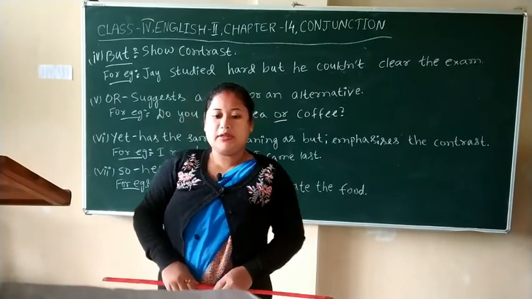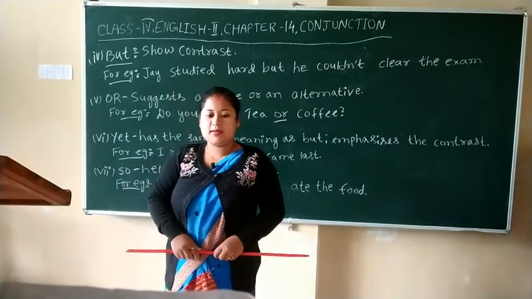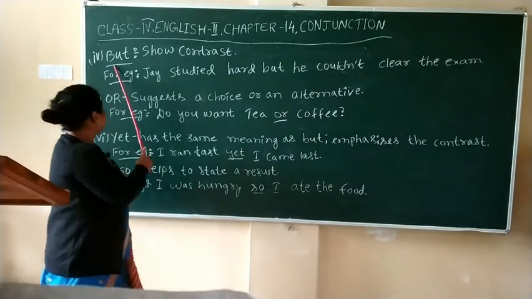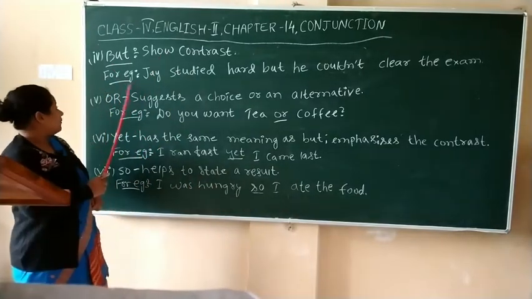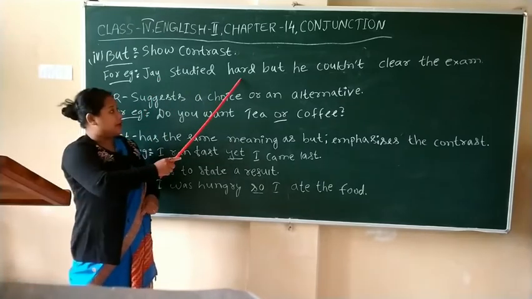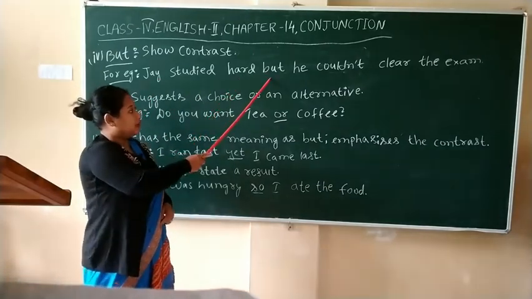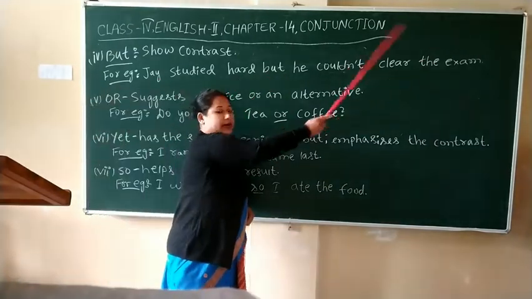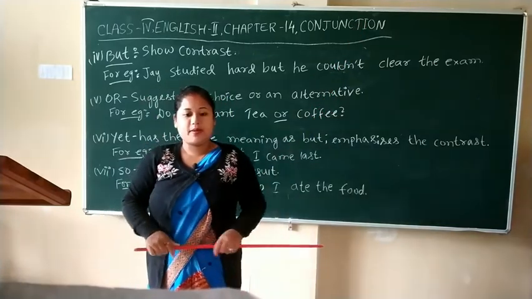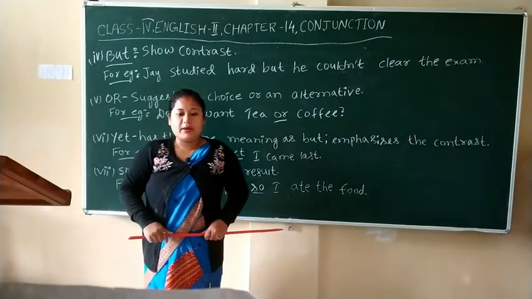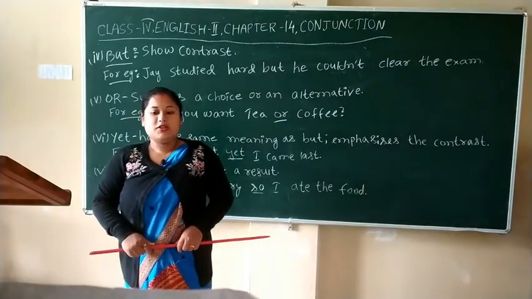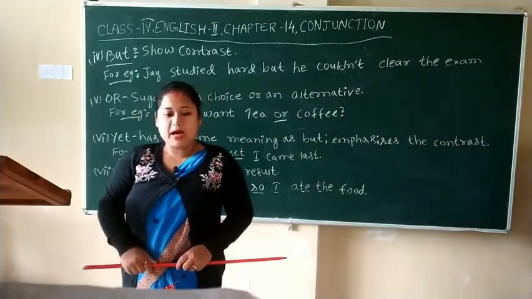The next coordinating conjunction to be discussed is but. But shows contrast. For example, Jay studied hard, but he could not clear the exam. Here, but is telling that Jay worked very hard.